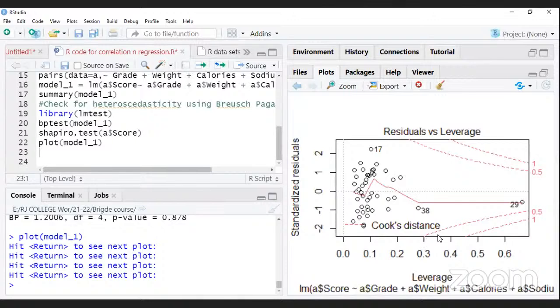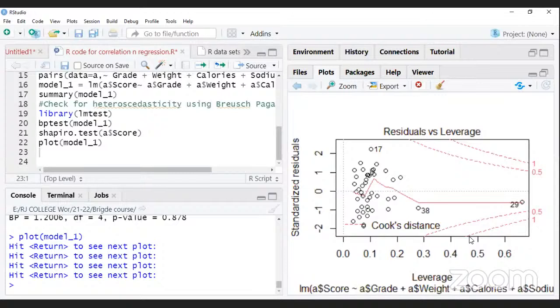So if the distance point is after this line, we can consider a point after 0.5. If I'm considering after 1, that is more serious. If some point is after 0.5, we can assume there's a little problem in our model.